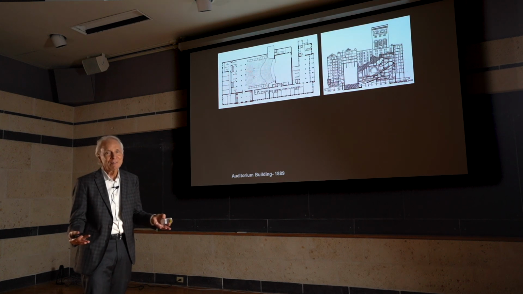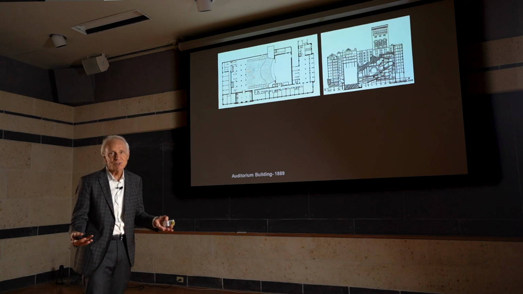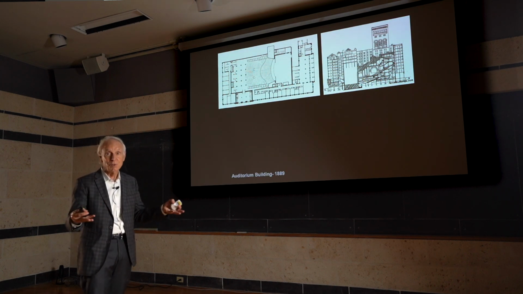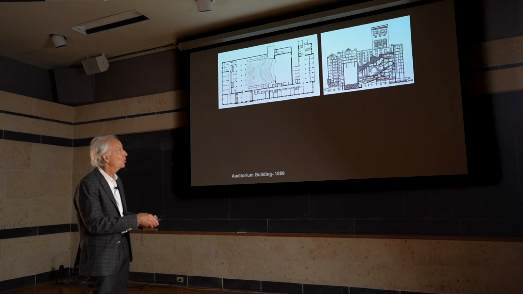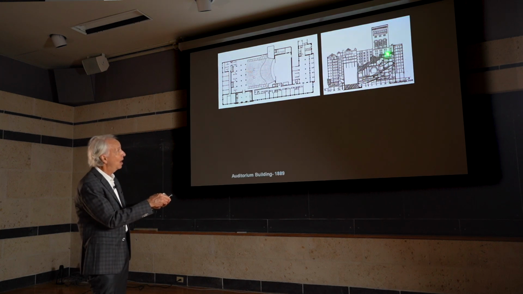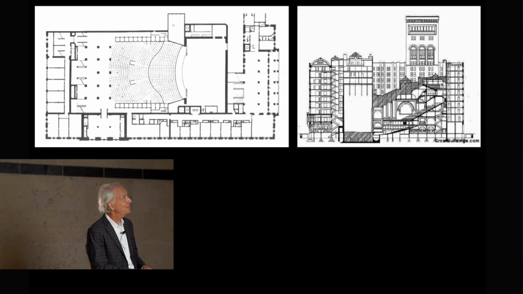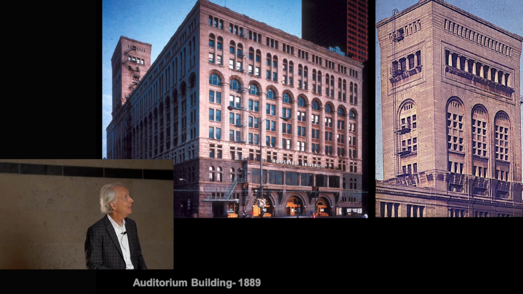They don't want any light or air or view or windows. So why waste that frontage in the city? Why not let the offices get the light, air, view, and then bury the auditorium in the center of the block, as he did right here. So it's a very, very innovative plan for a building.